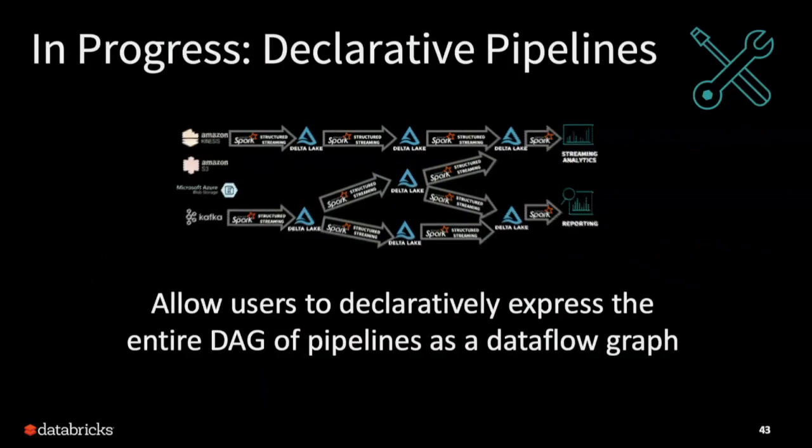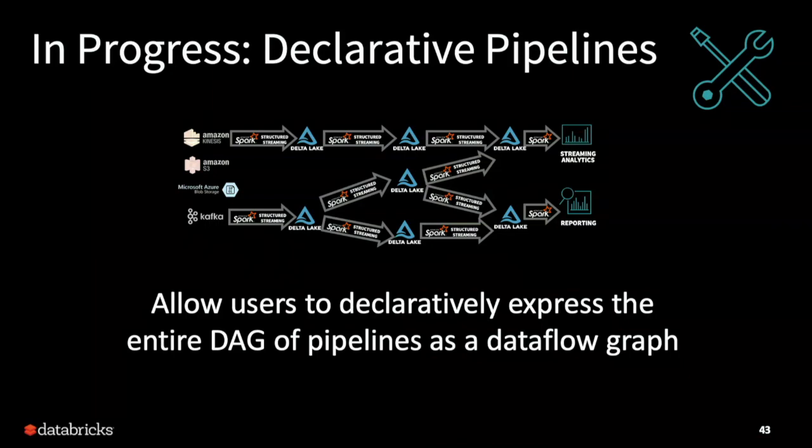Now, we realized that over time, the right way to think about it is not to think in terms of individual pipelines and optimize individual pipelines, but to think about the entire DAG. And this is essentially our future direction, that as developers, what we really care about is the end result, the streaming analytics or the reporting at the end.